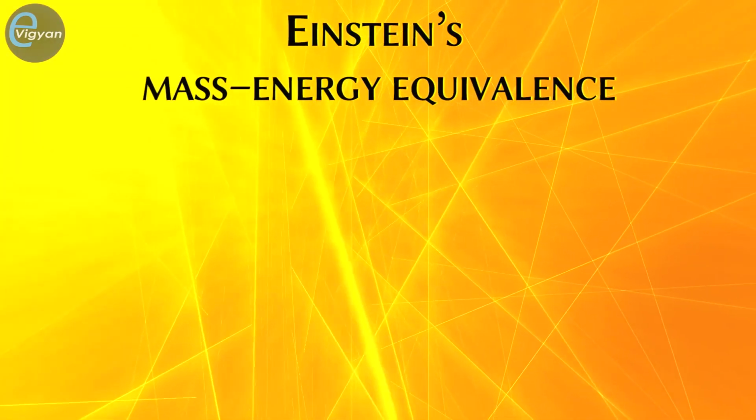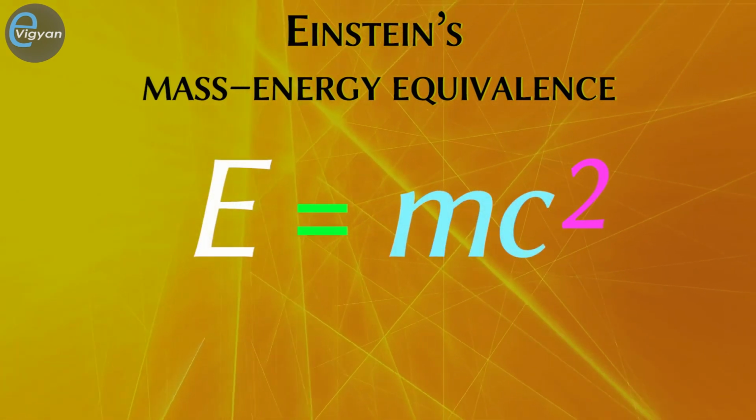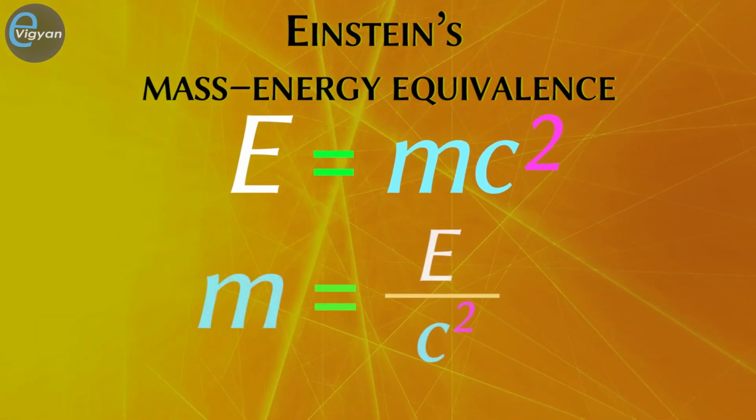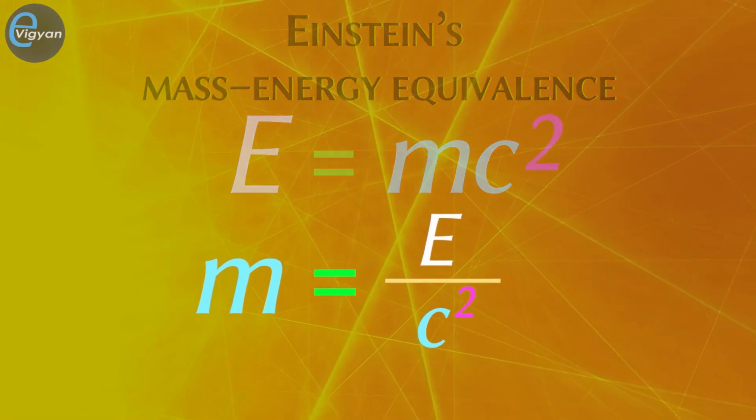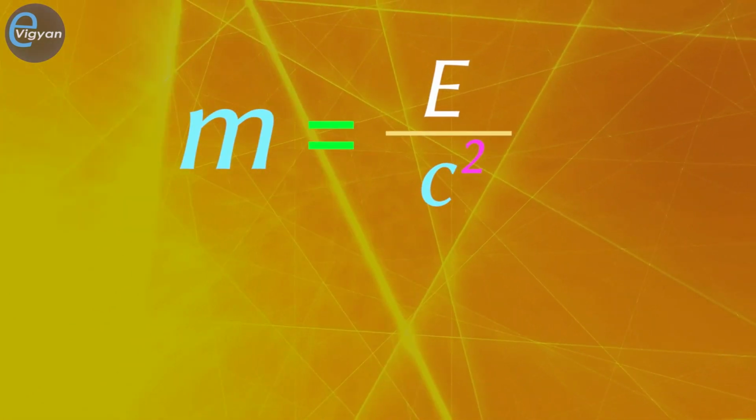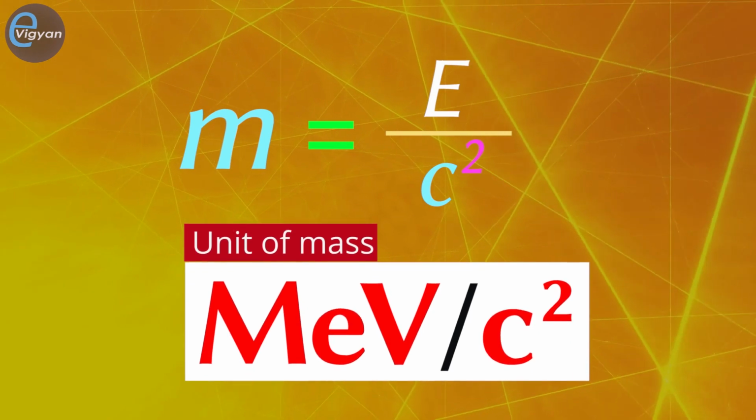Now from Einstein's mass-energy equivalence, we have E equals mc squared, that is, m equals E upon c squared. So if the energy is in MeV, then the unit of mass will be MeV per c squared.